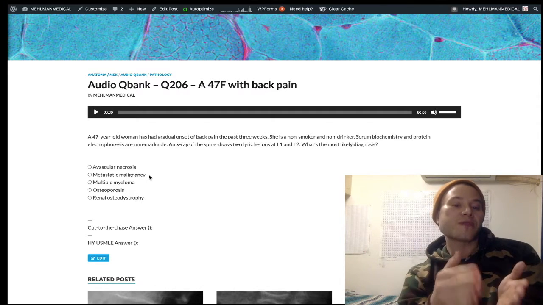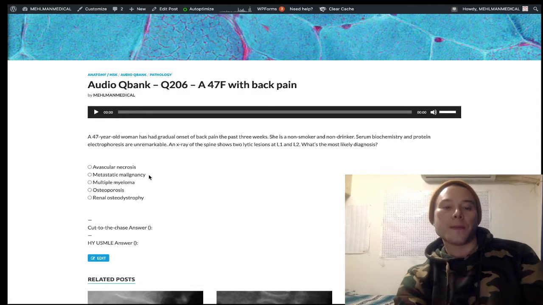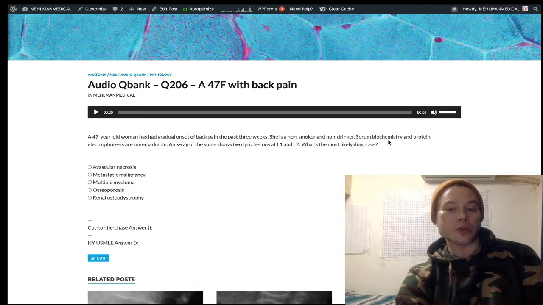If they forced you to choose arrows for calcium and PTH and all these other things, for metastatic malignancy you'd choose an up arrow for calcium. Here it's normal, and that's fine because we're forced to choose an answer, and metastatic malignancy is going to be our best answer because we've ruled out multiple myeloma.